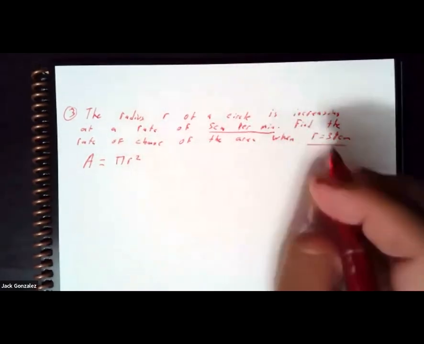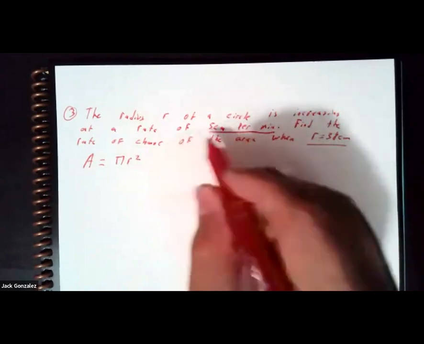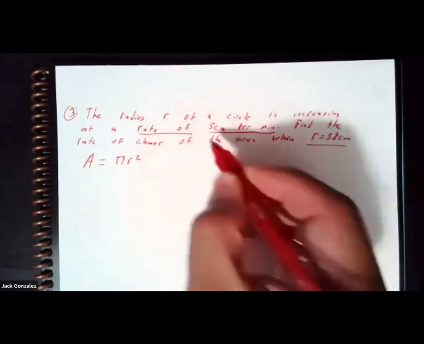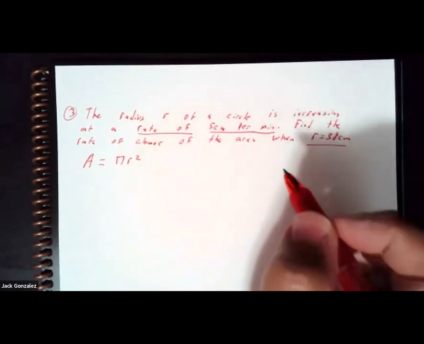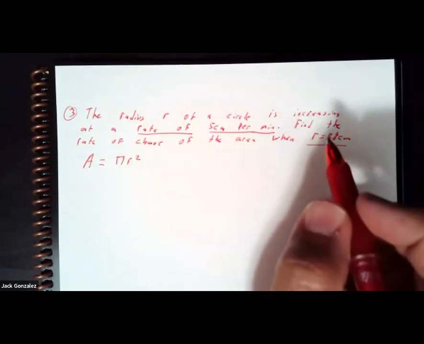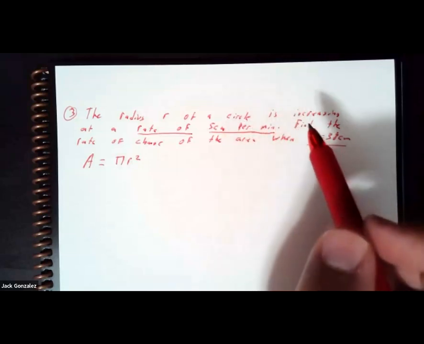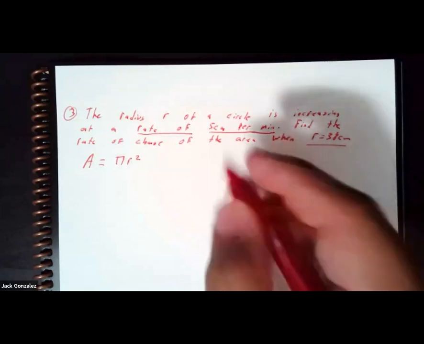So we have a rate of 5 centimeters per minute. The radius r of a circle is increasing at a rate of 5 centimeters per minute.